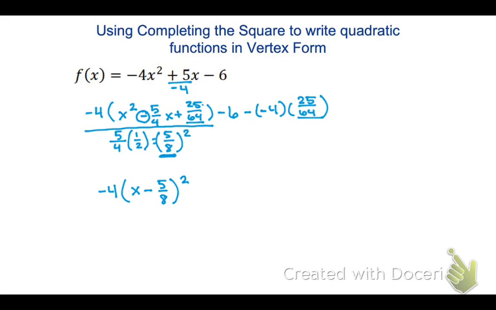Okay, so now I need to simplify this out here. A negative and a negative is going to be a positive. 4 goes into 64, 16. So I have negative 6 plus 25/16.